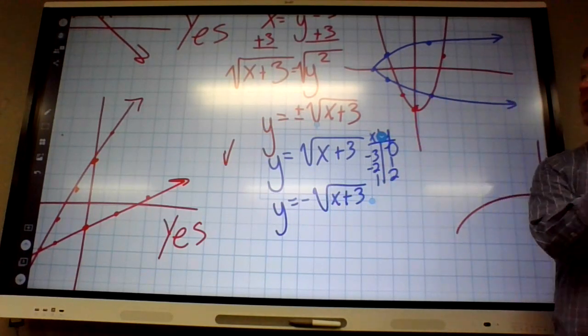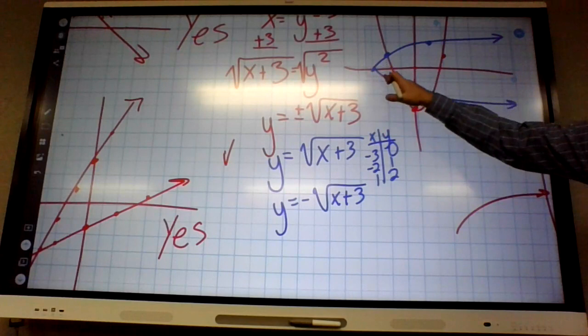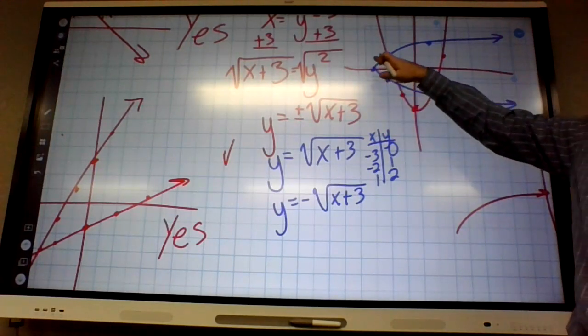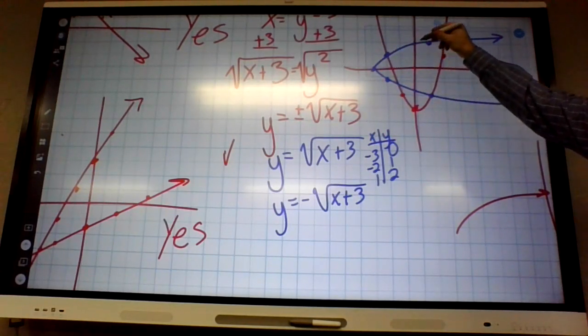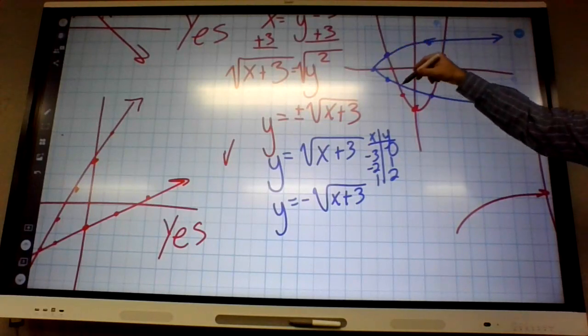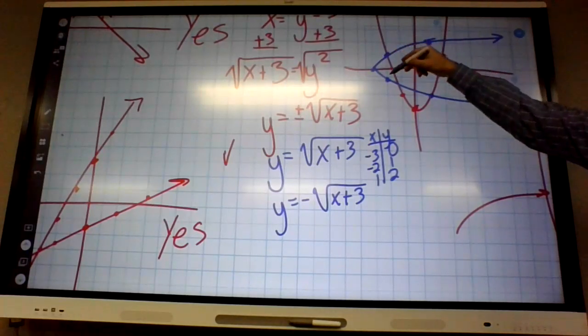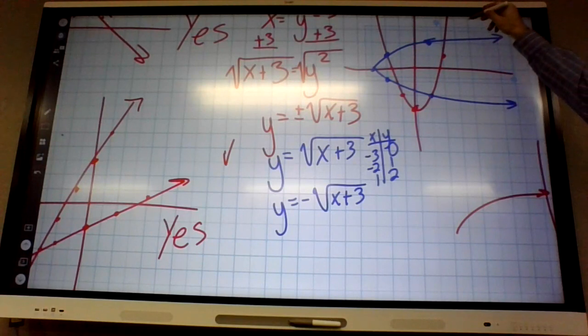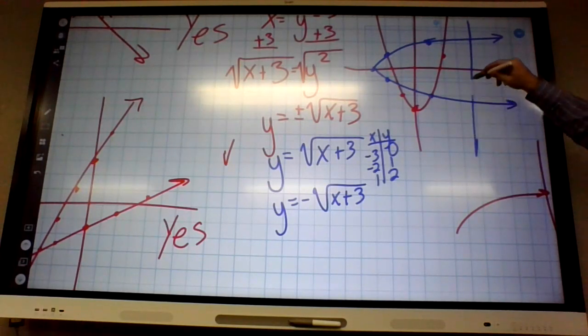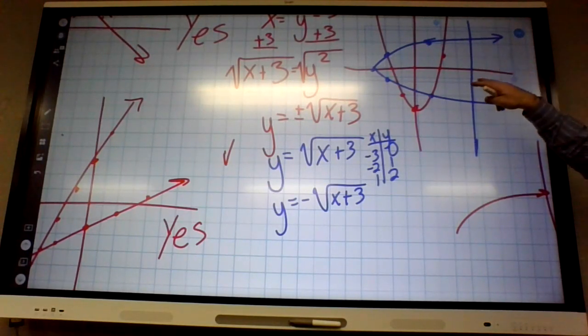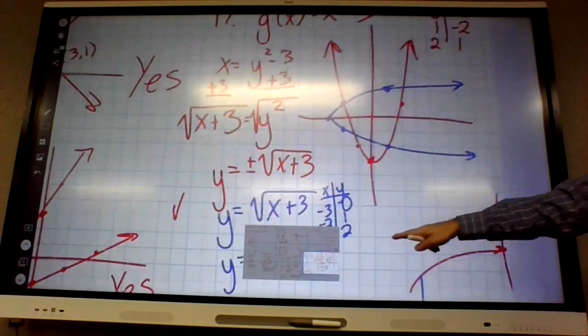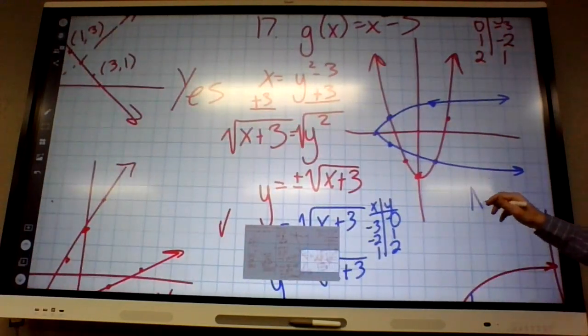But together, is this a function, the blue thing? No. By itself, the square root of x, or negative square root of x, is a function. But together, it fails the vertical line test. So it's not a function. So, no.